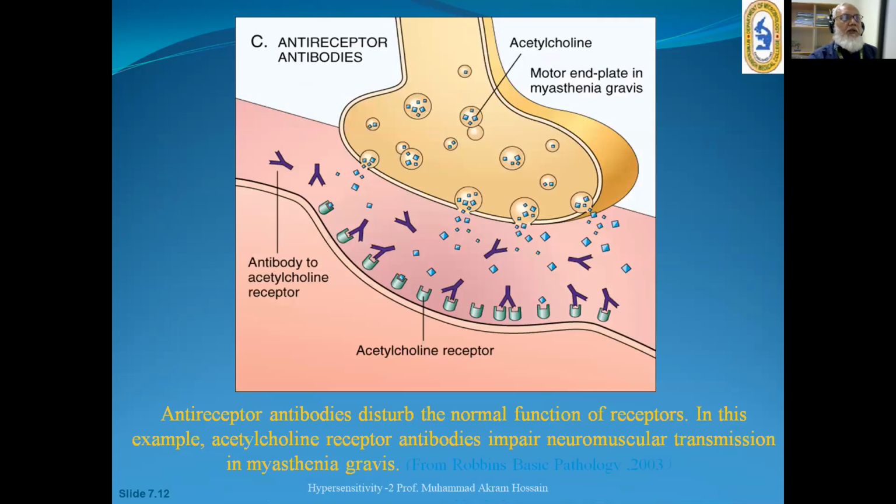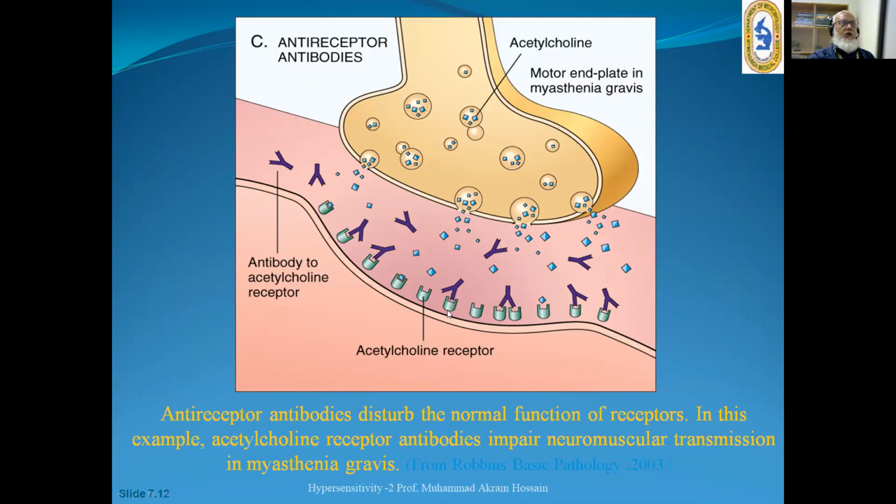This is another example of type 2 hypersensitivity, where the antibodies are formed against the acetylcholine receptor. So acetylcholine cannot reach the acetylcholine receptor.